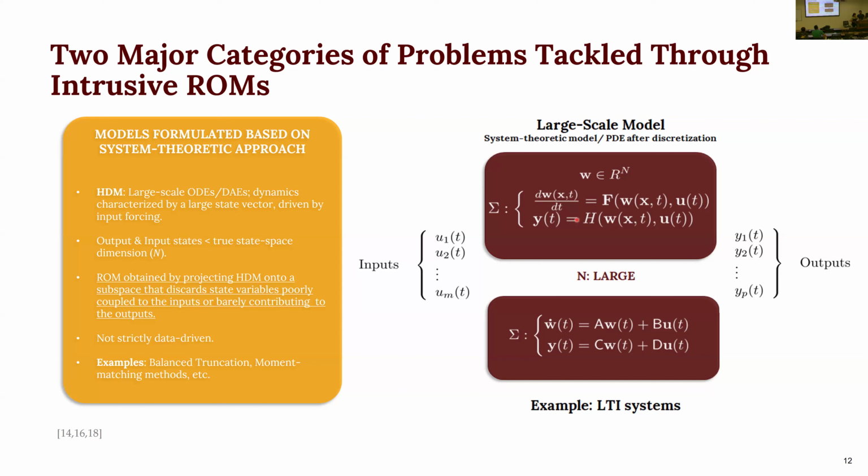So states that do not get influenced by the inputs and the states that do not really contribute to the output, those states are discarded, and in that way we can compress the high dimensional model. These are not strictly data driven. You may use data or may not use data depending on the algorithm we use. Examples would be balanced truncation, moment methods, etc.